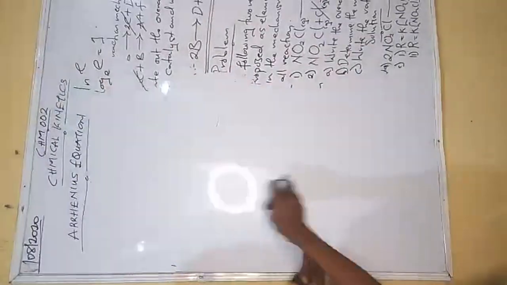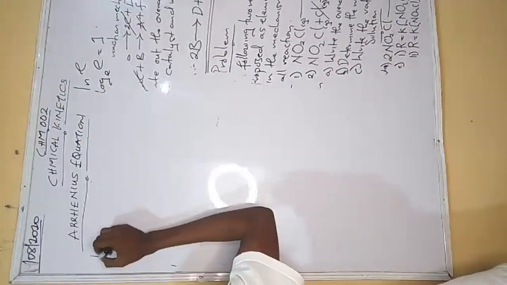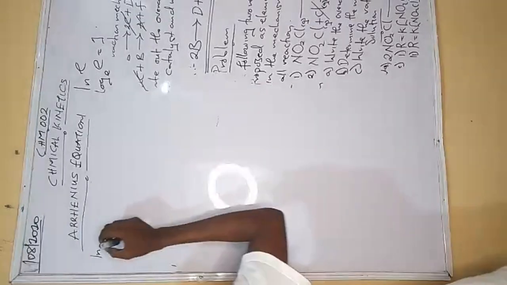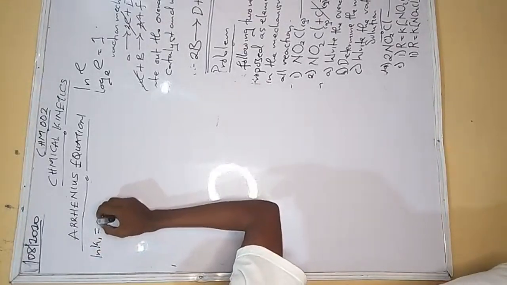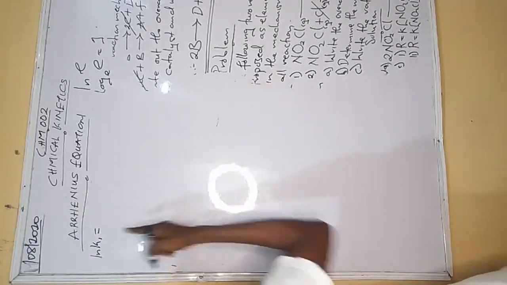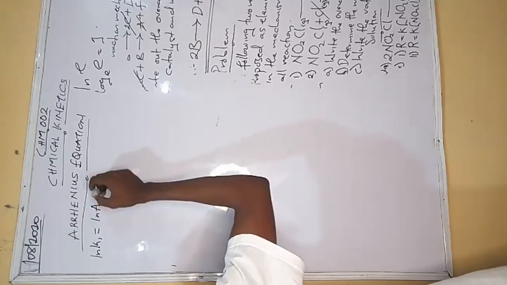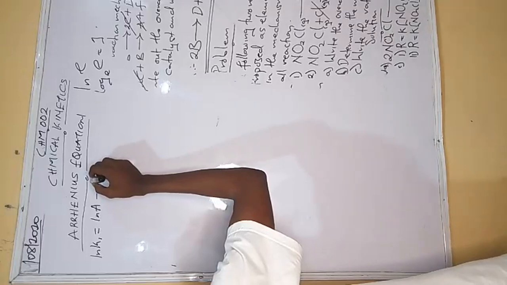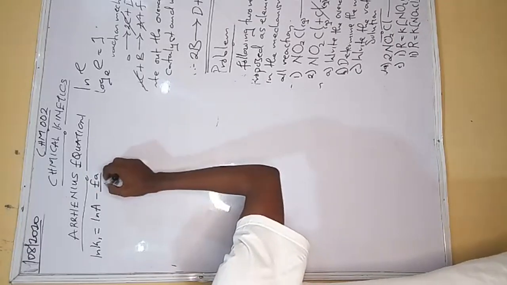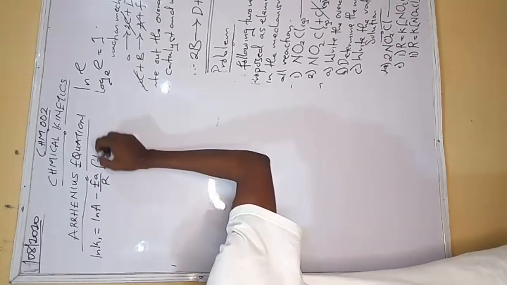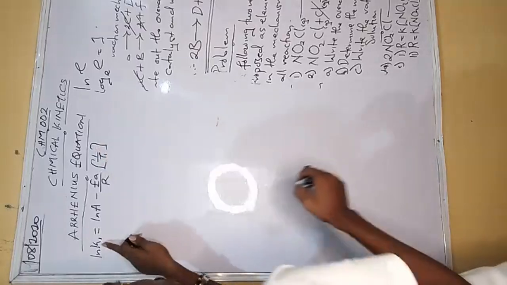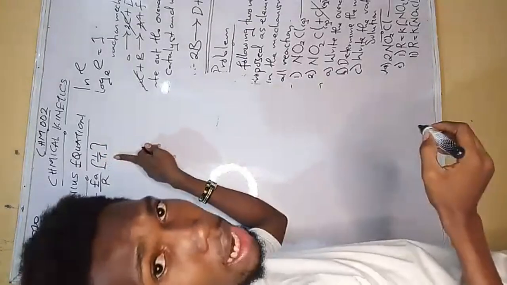Remember our Arrhenius equation. For the first one, let it be ln k1 equals to, what is the formula? ln k1 equals ln A minus Ea over R times 1 over T1. You know, for k1, the temperature will be T1.